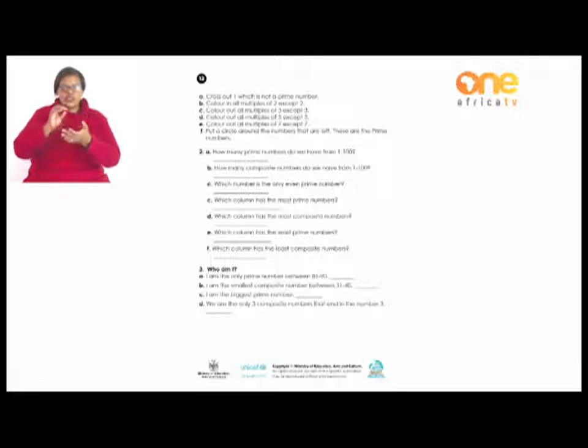2B says, how many composite numbers do we have from 1 to 100? And then 2C asks, which number is the only even prime number? If you have forgotten, remember the word even, okay?